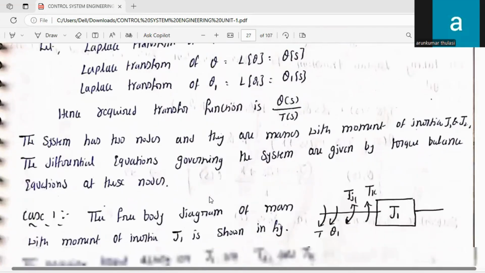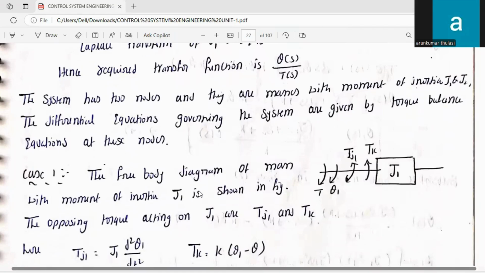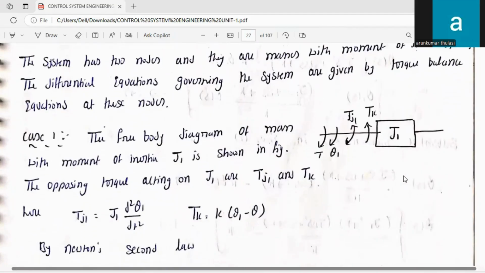First, case one: the free body diagram of the mass with moment of inertia J1 is shown in the figure. The opposing torques acting on J1 are Tj1 and Tk. Now these two can be represented by torque balance equations.